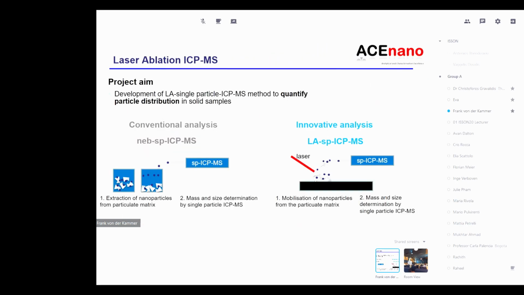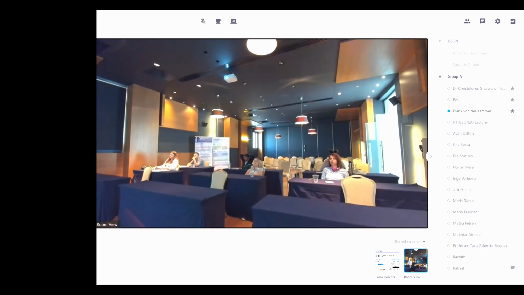Another approach and another idea was that we wanted an option to directly measure nanoparticles on substrates, for example soils, without needing to extract those nanoparticles in a liquid extraction step, which is the current technology.